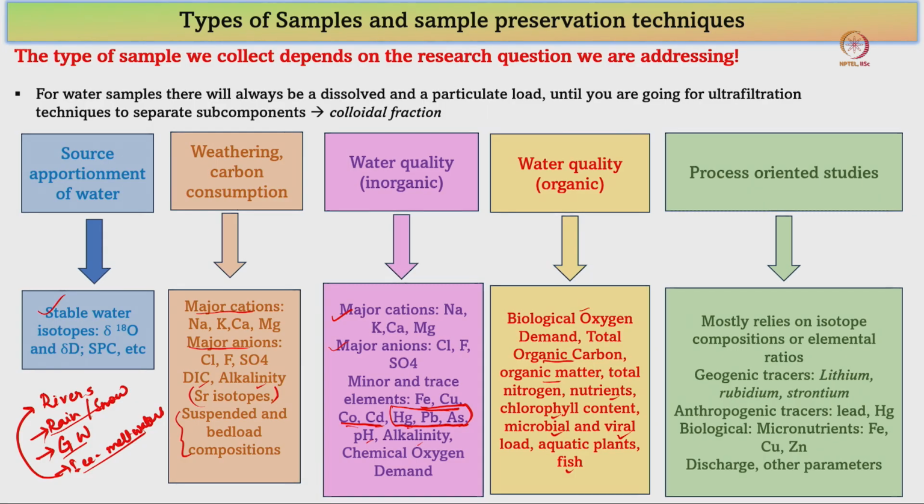If the process is more geologically dominated, then we will go for geogenic tracers, for example lithium, rubidium, strontium. These metals are extremely mobilized during weathering activities, so the natural weathering of rocks controls the concentration of these elements. But for certain other elements, for instance lead, lead is not found in a significant proportion on the earth's surface.